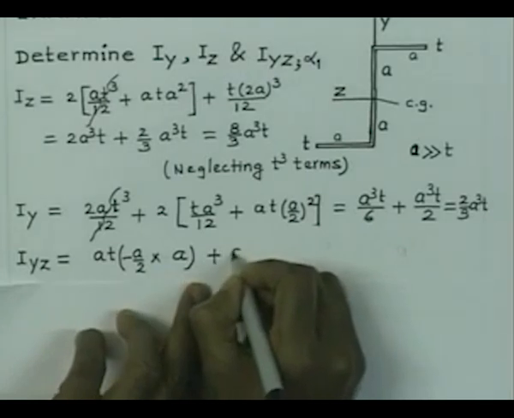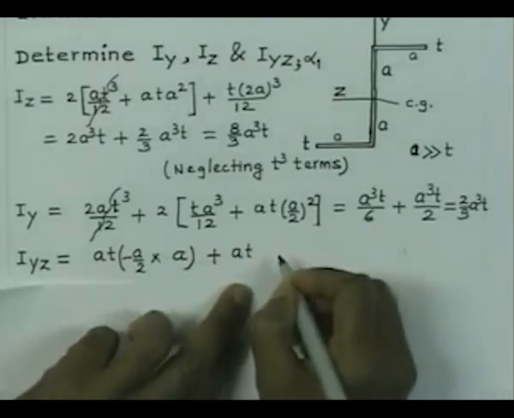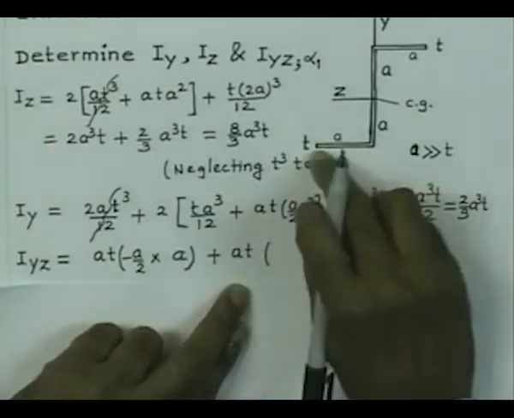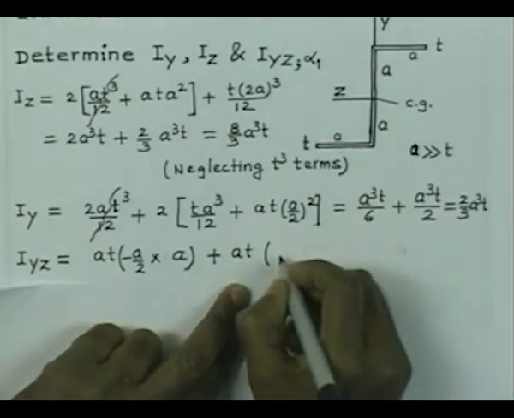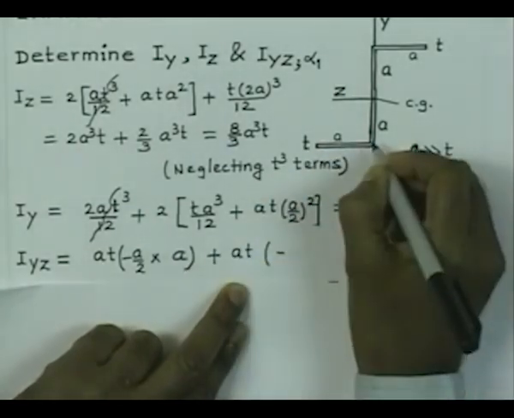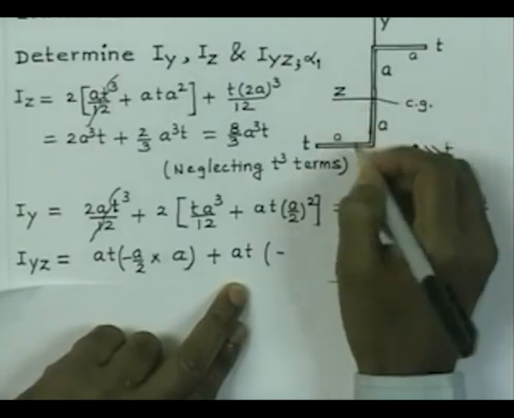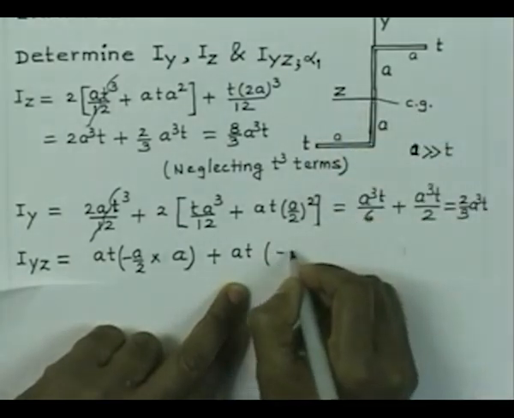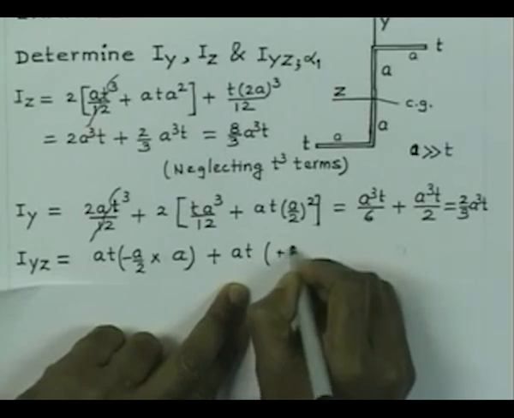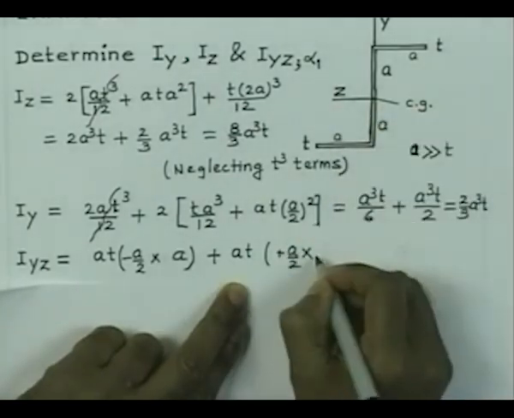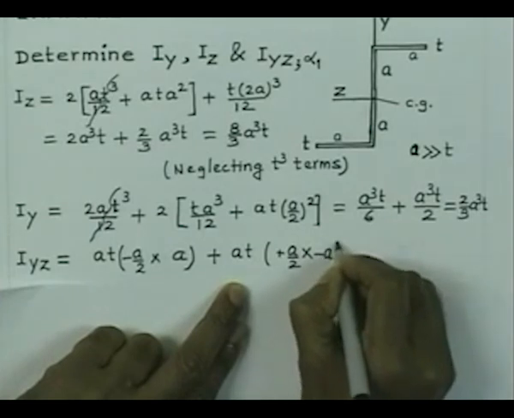Similarly, for the other portion of the flange, it is a t, and herein now the distance again is actually a by 2. So, therefore, it is now plus a by 2, and this distance is now negative. So, therefore, it is minus a.